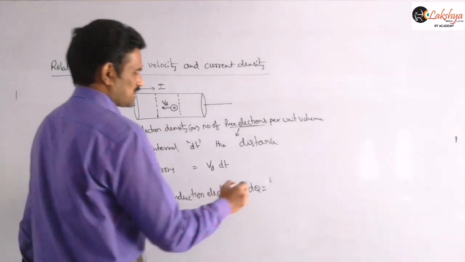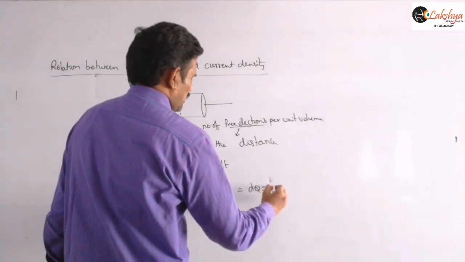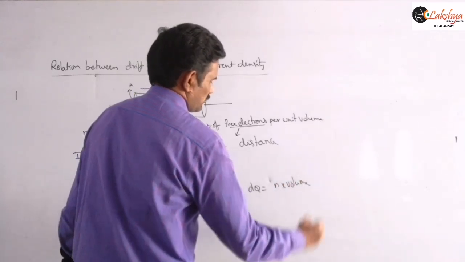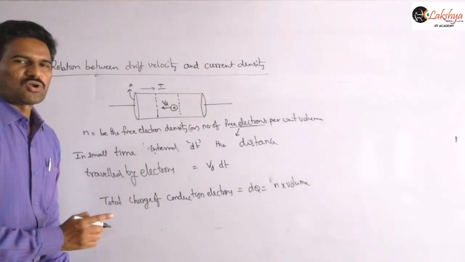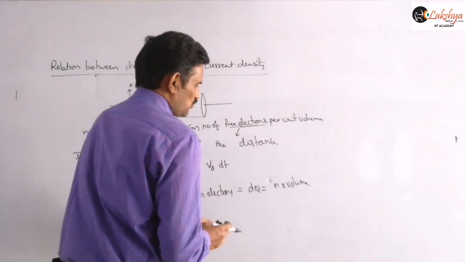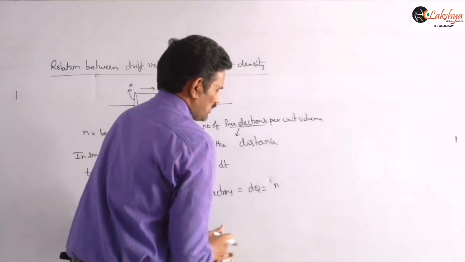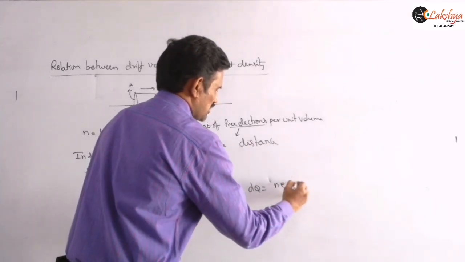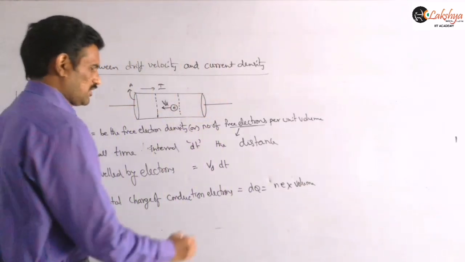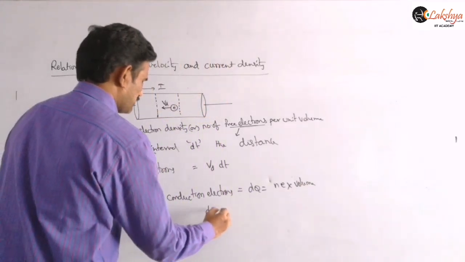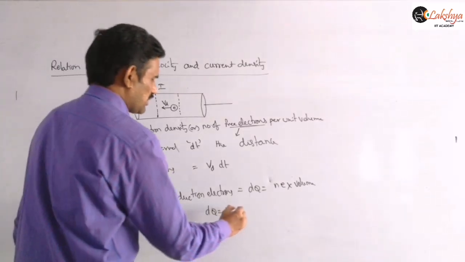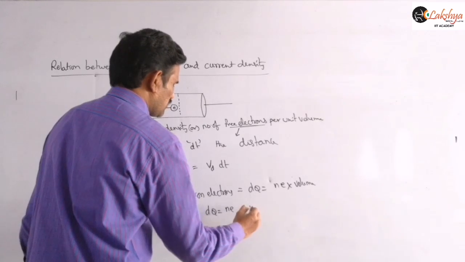So I can write this as n into volume, right? n is the number of charged particles present per unit volume, so n into e, because we are taking electrons as the charged particles here. So n e into volume, and the volume of the material we can write as area of cross section into distance.